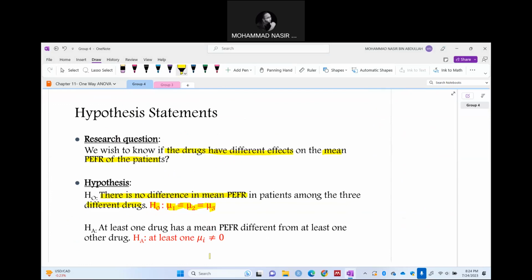And for the alternative hypothesis, we cannot determine the exact difference, right? But we can conclude that at least one mean is different from the others. So this is the indicator to conclude that there is a significant difference between groups, right? And of course, there is further investigation using a post hoc test that is not covered in this chapter.